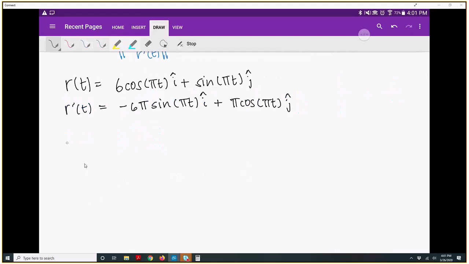Then T of t we know is r prime of t divided by its magnitude.